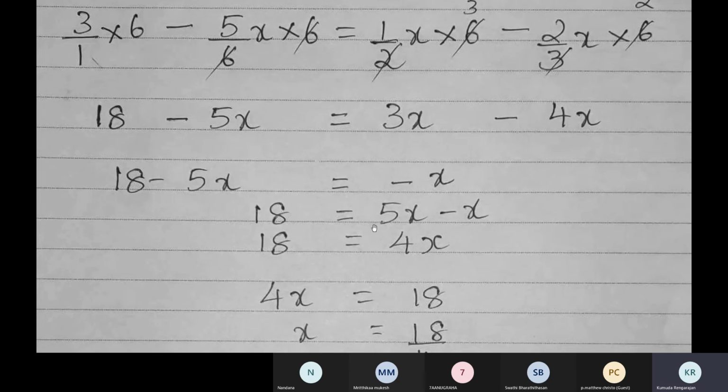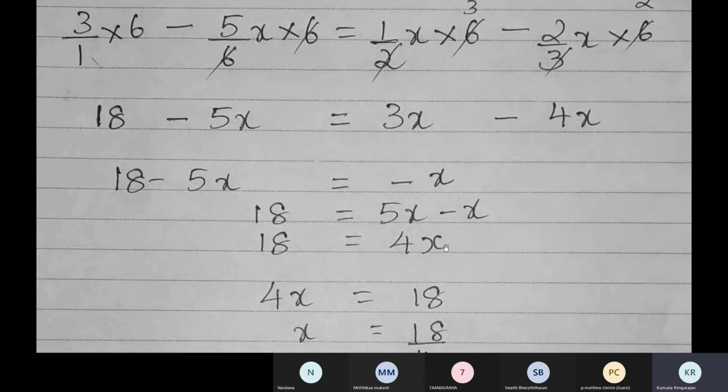Completely, whatever is in the RHS is written in the LHS, and whatever is in the LHS is written in the RHS. If there are many terms and you're taking only one to the other side, then you should change the sign. But if the entire LHS is taken to the RHS and the entire RHS is brought to the LHS, you don't have to change any sign. Just write them as they are.